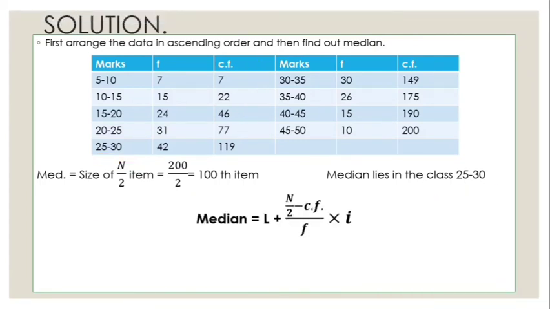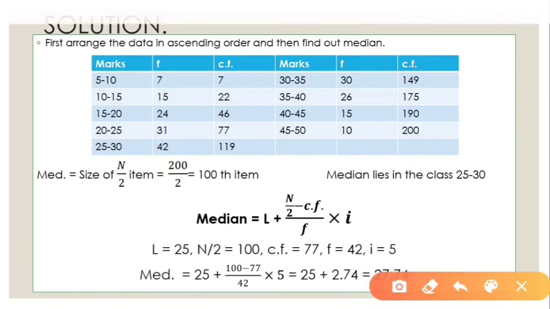After this, the formula is median equals L plus (n by 2 minus CF) upon f into i. Now here the value of L will be 25, n by 2 is 100 and CF is 77. We are not going to take 119, as we take the preceding value of the median class. f will be 42, and i, the difference of 25 and 30, is 5.